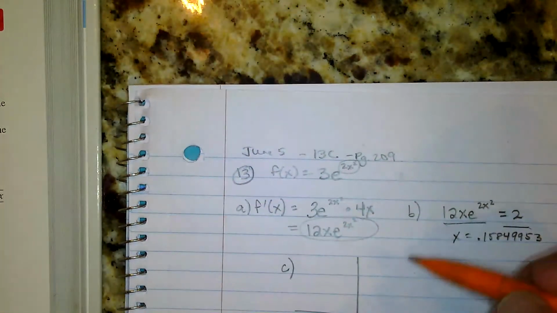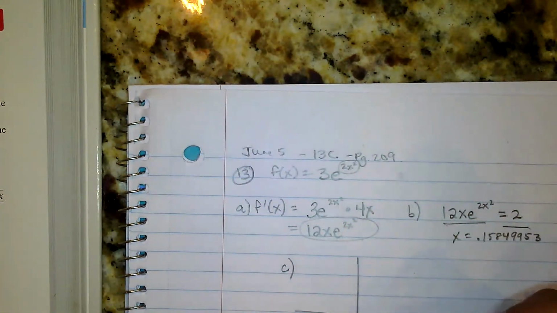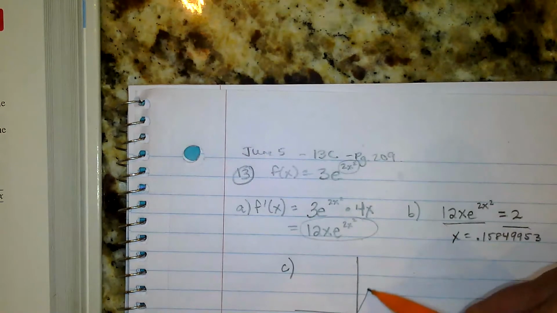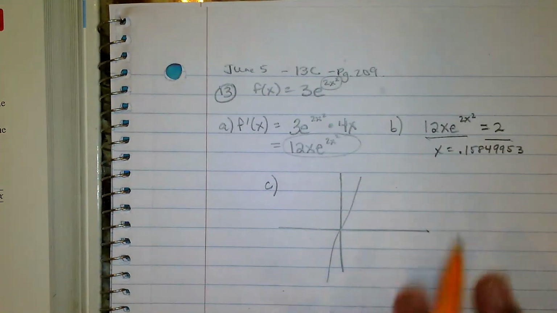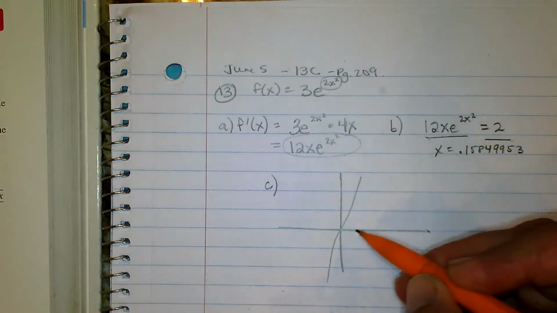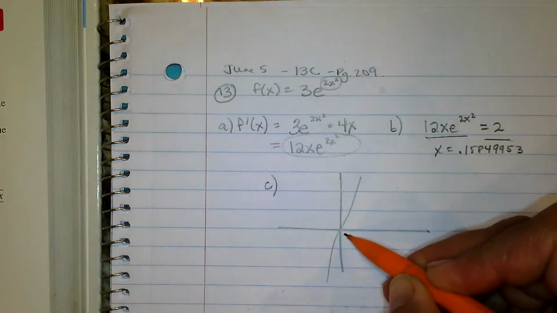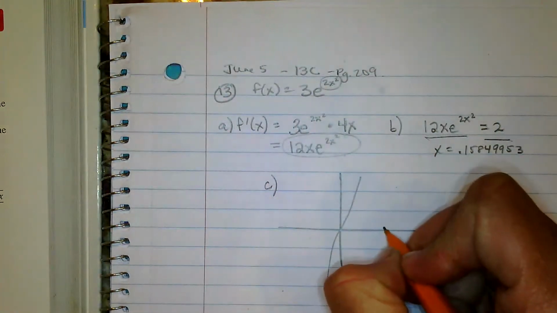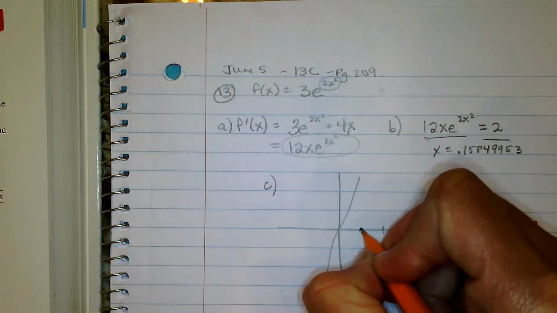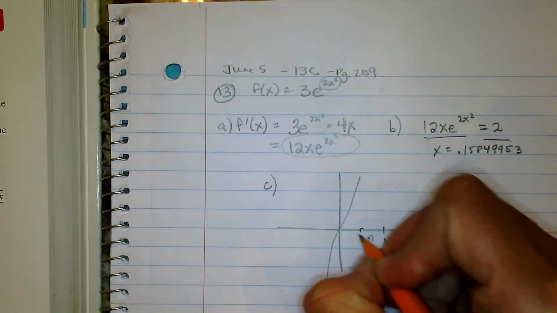For what values of x the tangent? Okay, so the function looks something like this. So for what value or values of x does the tangent line to the graph intersect the point 1/2, 0, which would be, here's 1, and there would be 1/2, 0.